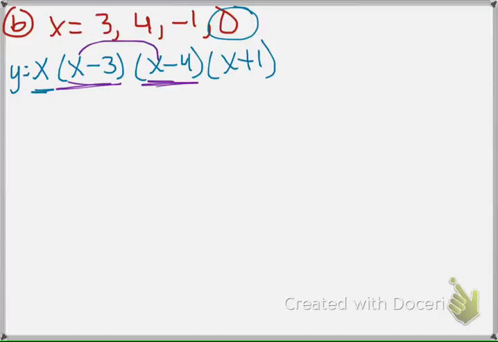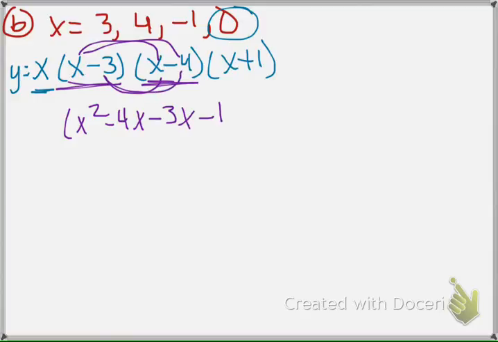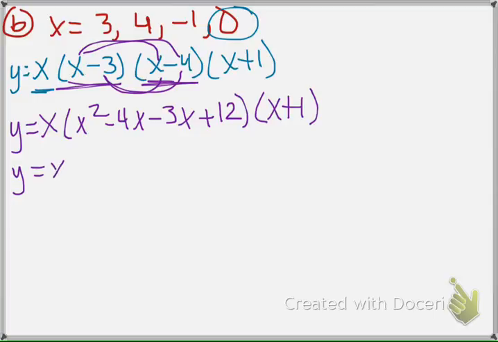X times x, x squared, x times negative 4, negative 4x, negative 3 times x, and negative 3 times a negative 4, positive 12 is right. Please keep in mind that it really doesn't matter which one you do first. You still do end up with the same answer. It's just, I think at the very end, it's just easier to distribute that x to everything.